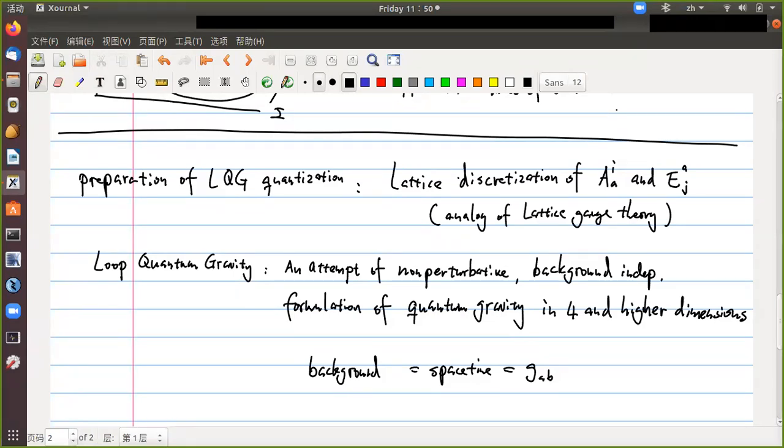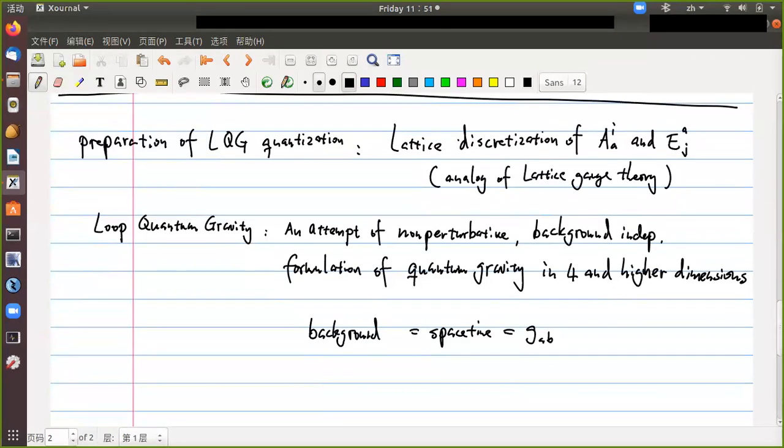Because of this feature of non-perturbative and background independence in our quantization, we better use the strategy of lattice gauge theory to perform the quantization. That's probably the right tool to work.